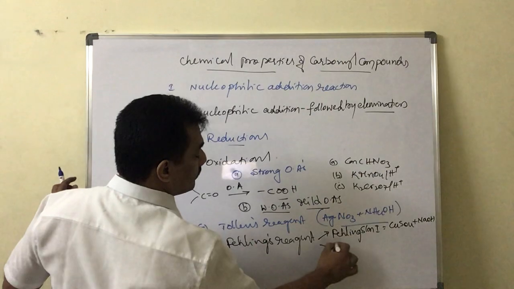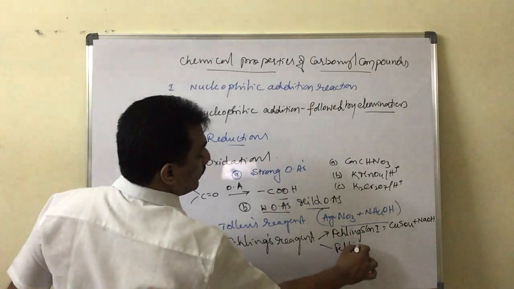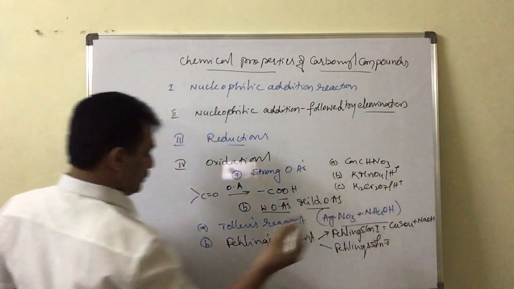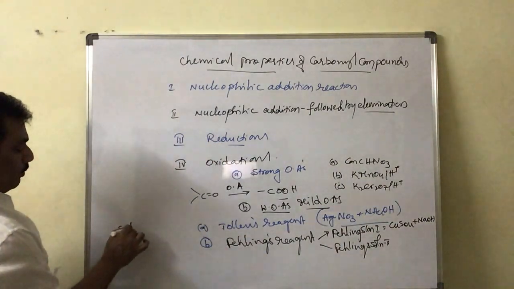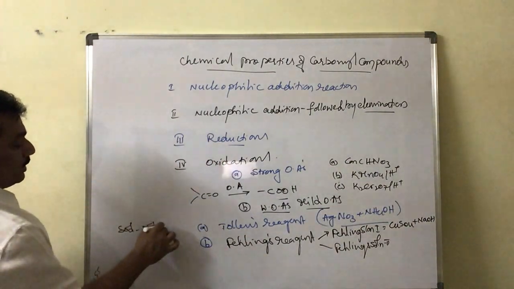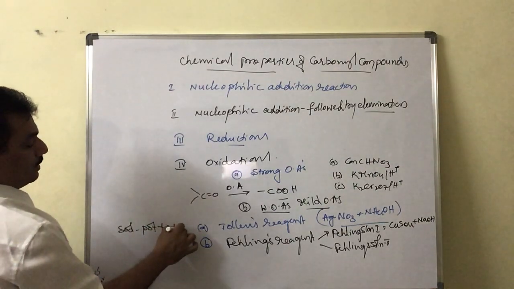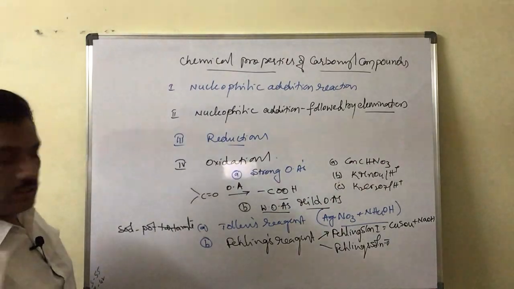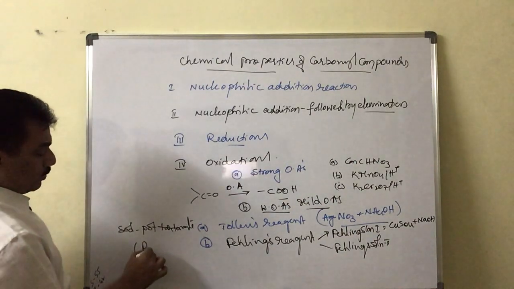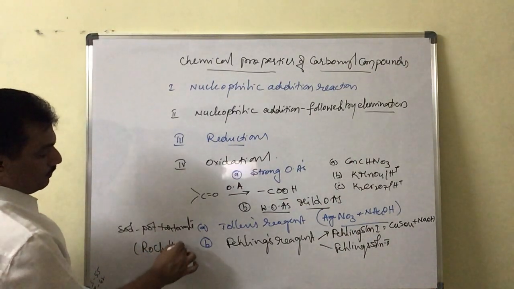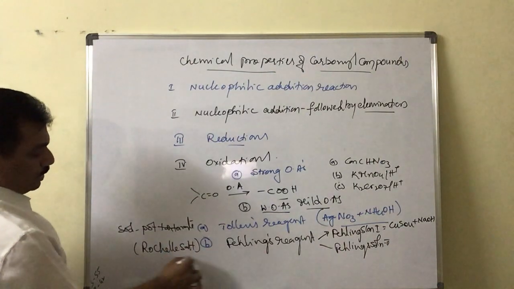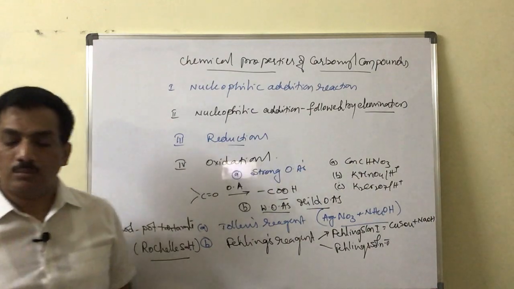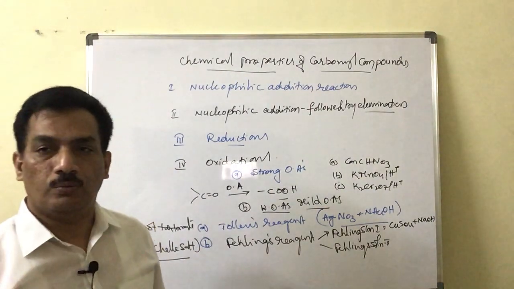And the next one is Fehling's solution 2, which is sodium potassium tartrate, that is a tartaric acid salt, otherwise known as Rochelle salt. Sodium potassium tartrate or Rochelle salt is the Fehling's solution 2.